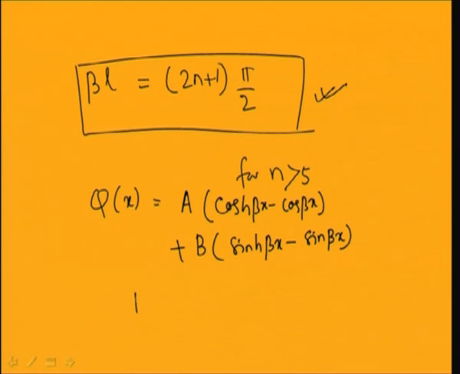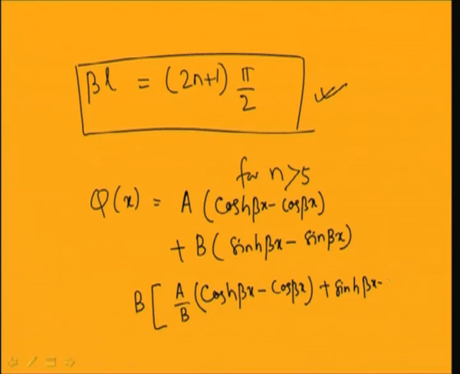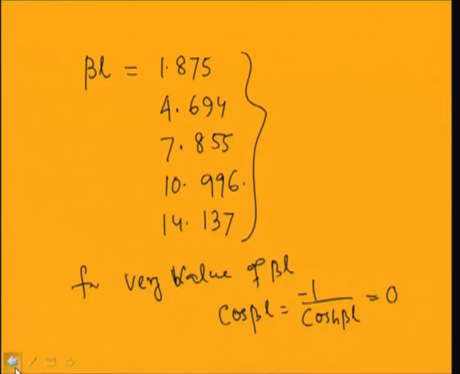So, if you take b common, phi x equal to b into [a by b into (cosh beta x minus cos beta x) plus (sinh beta x minus sin beta x)]. So, in this expression you can substitute the value of a by b from this expression.